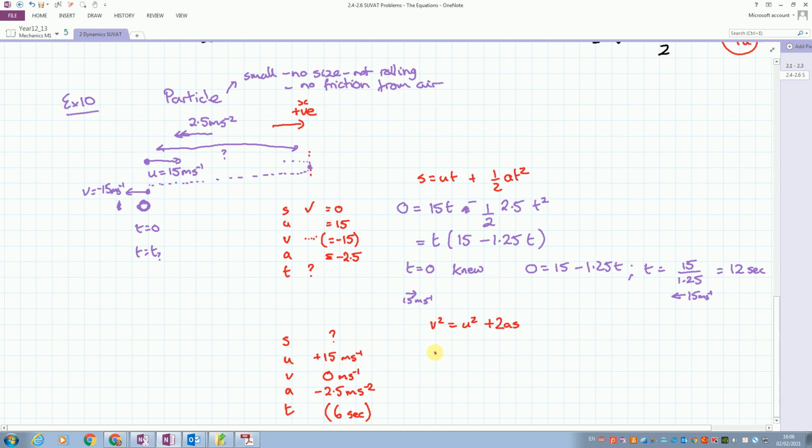So put the values in. 0 squared equals 15 squared, add on 2 times minus 2.5 times S. 15 squared is 225. So 5S equals 225. S equals 225 divided by 5, and that is 45 meters.